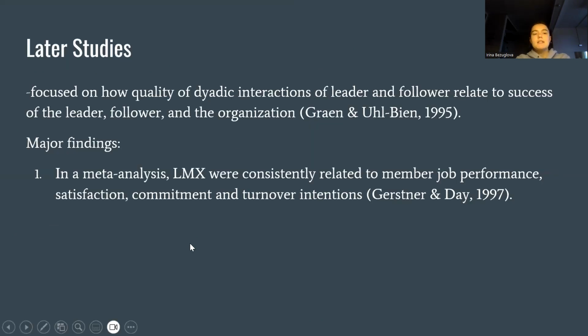In the later studies, however, they decided to focus on how the quality of these interactions between a leader and follower relates to the success of the leader, the follower, and the organization. Some major findings include the fact that the LMX theory was consistently related to member job performance, satisfaction, commitment, and turnover intentions. So this makes sense.